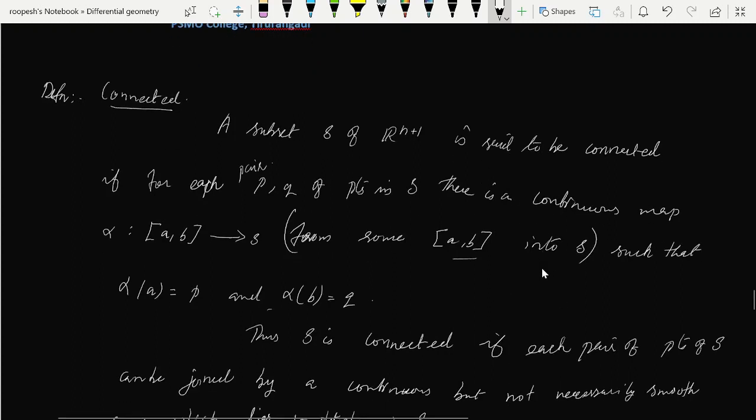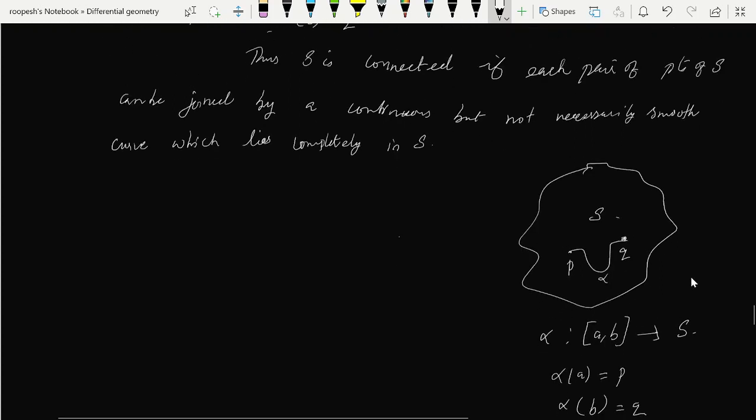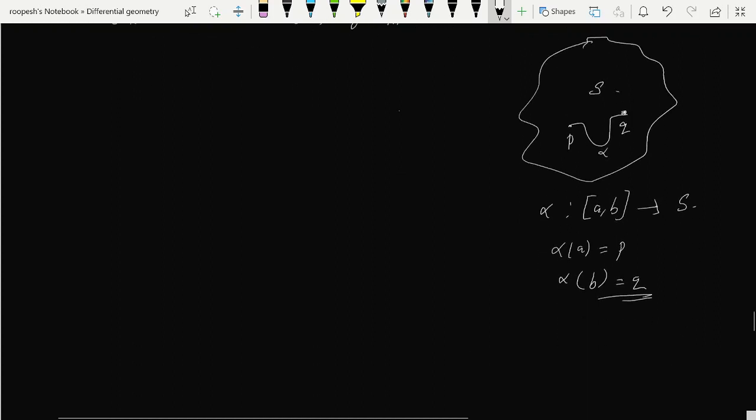Thus, we will say that S is connected if each pair of points of S can be joined by a continuous but not necessarily smooth curve which lies completely in S. So this is the definition of a connected surface or connected subset of R^(n+1).